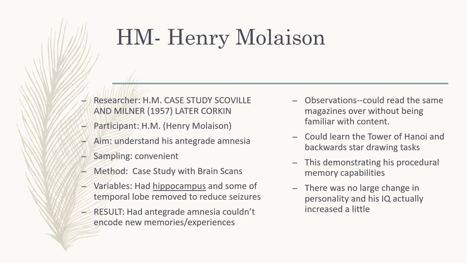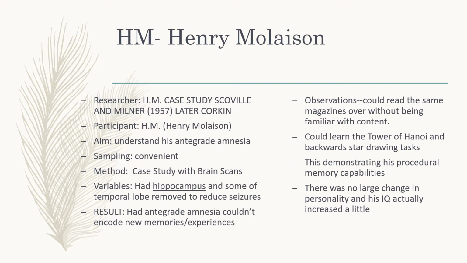So the first study we're going to look at today actually used an MRI, and this is Henry Molaison. This is Scoville, Milner, and Corkin. We've talked about HM several times at this point, but this is a case study with brain scans, and they wanted to understand his anterograde amnesia, the amnesia that occurred after his surgery to cure his seizures.